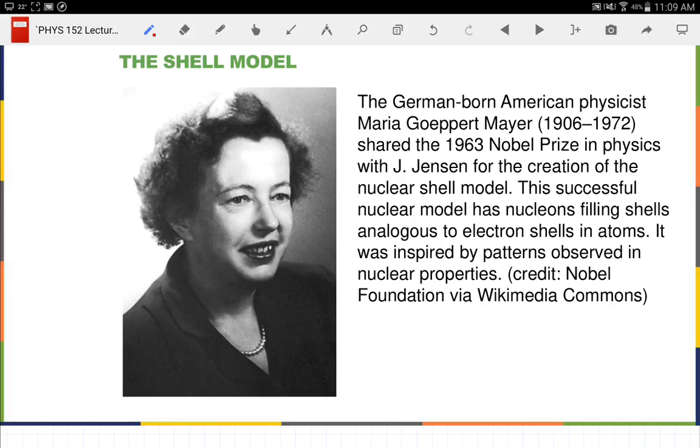Maria Goeppert Mayer came up with a shell model to explain how the nucleus works, for which she earned a Nobel Prize.